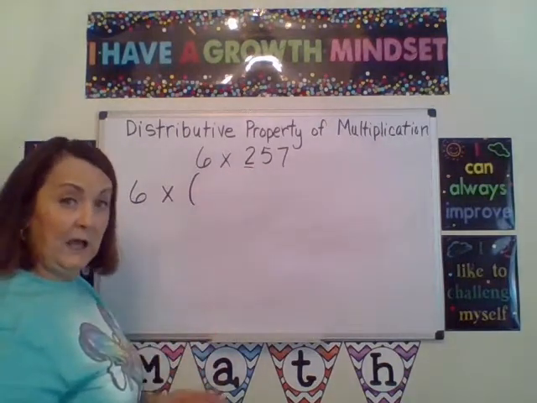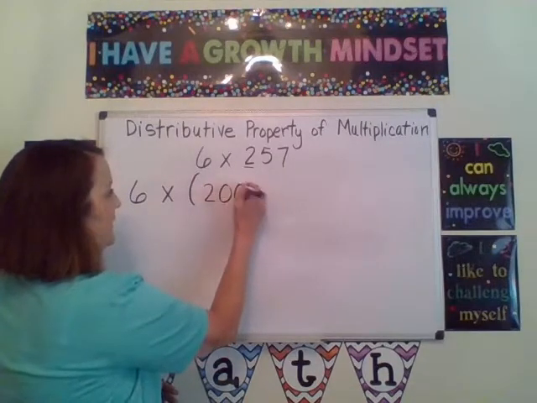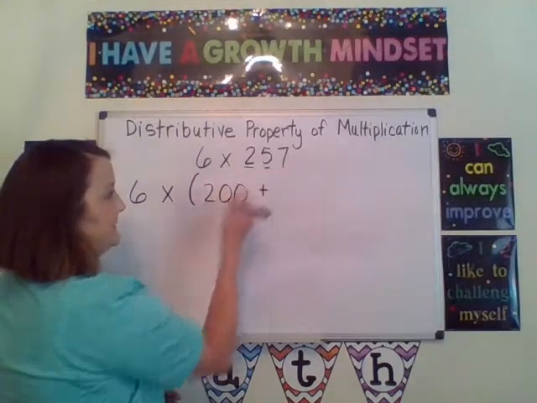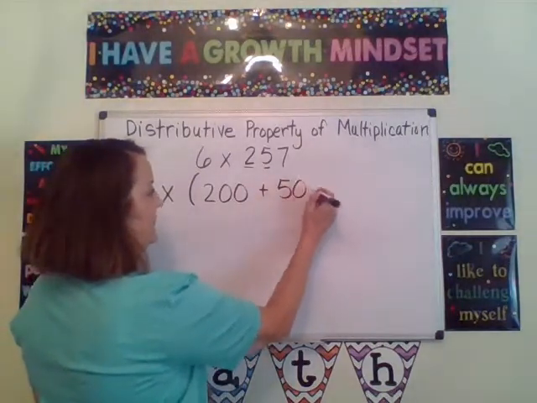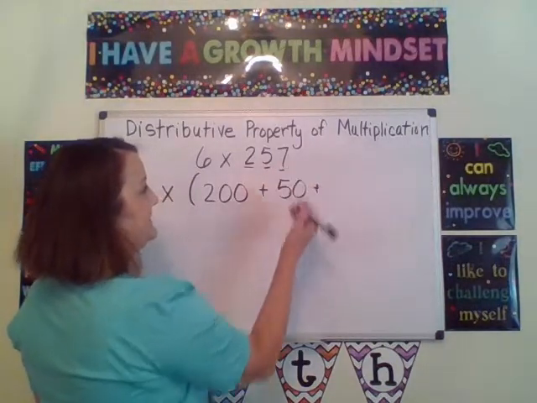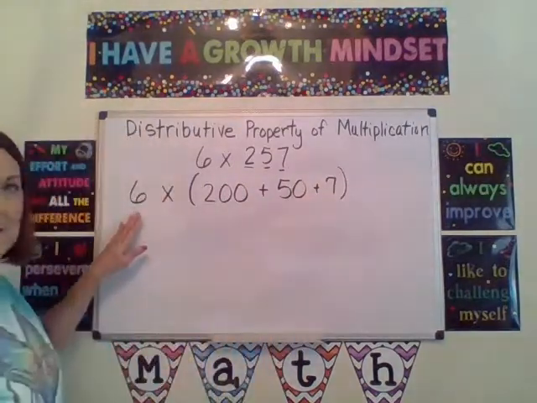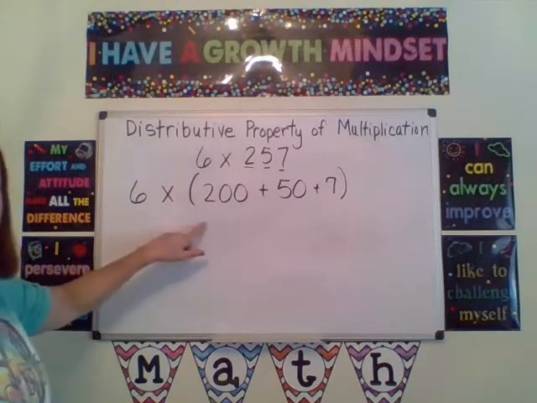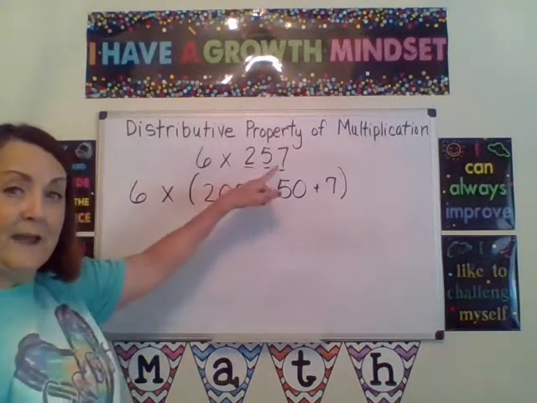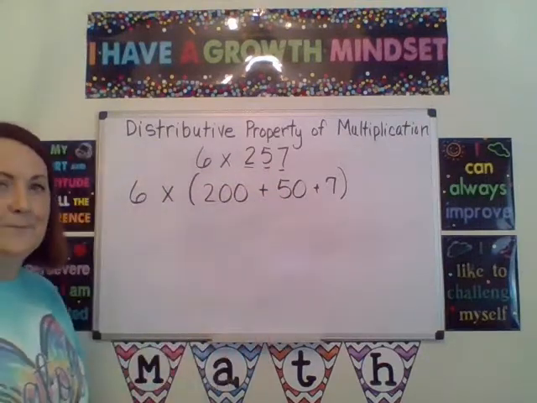The 2 is in the hundreds place, so we write that as 200 plus the digit 5 is 50, or the value is 50, and the 7, the value is 7. All right, so this is step 1. We take the factor, we multiply it, and we expand the other factor, and we put it in parentheses. Okay, that's step 1.